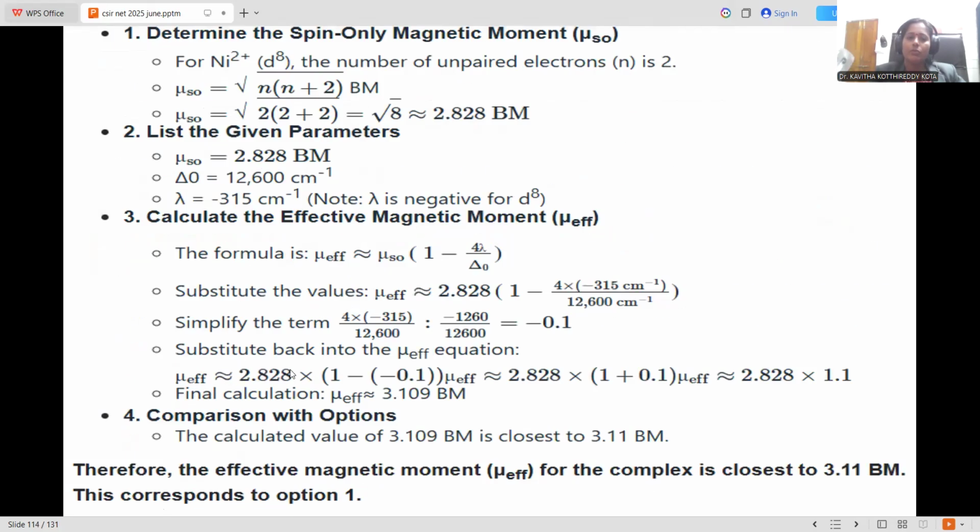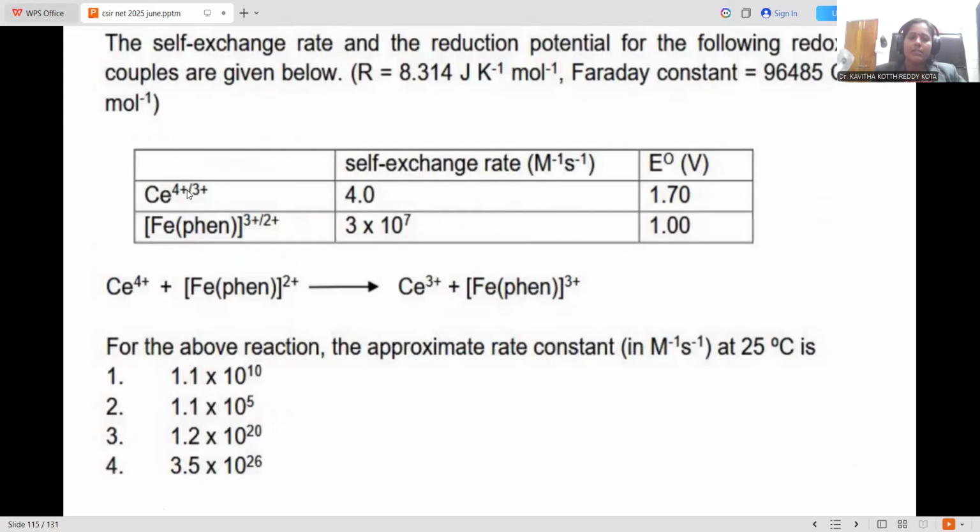Move on to question number 68. The self-exchange rate and reaction potential for the following redox couples are given below. R is the gas constant, 8.314 joules Kelvin inverse mole inverse.